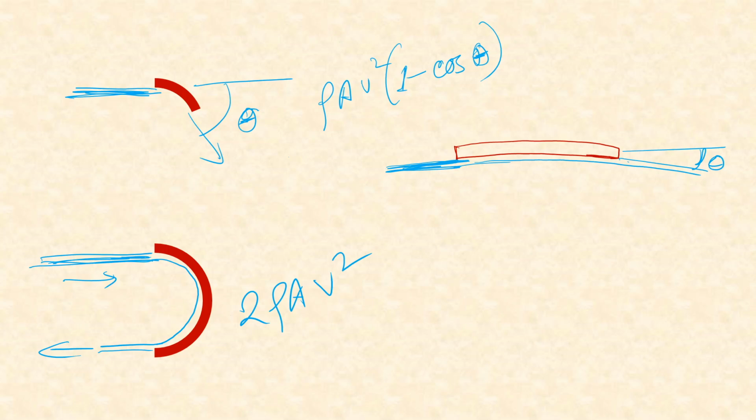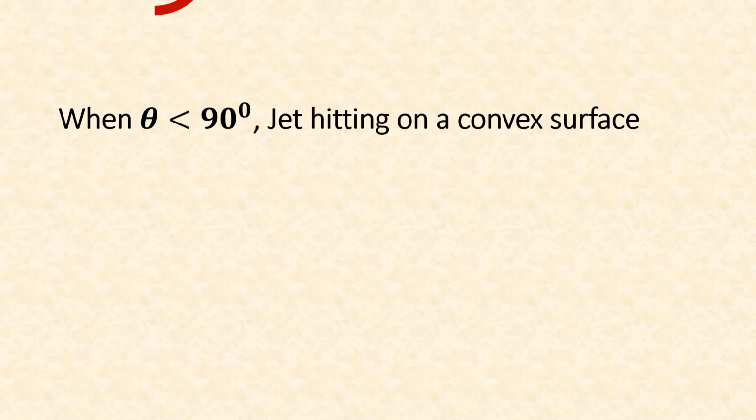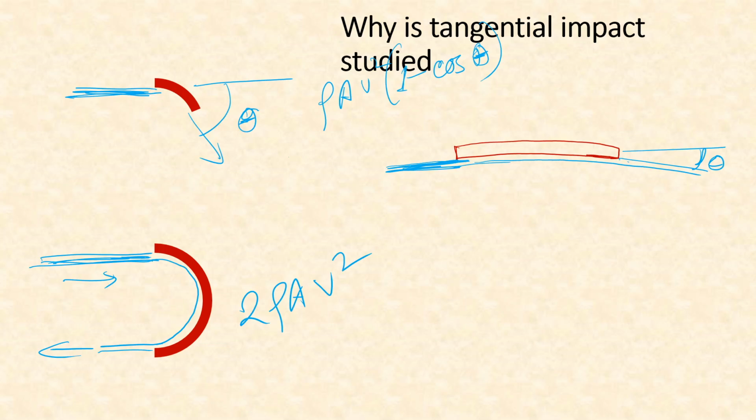The reason is that in some turbines, instead of using a hemispherical plate, we would use a plate which is shaped like this. And the jet will strike at the middle approximately.